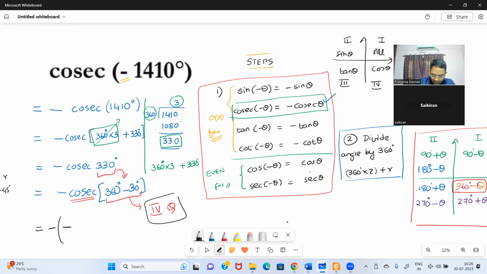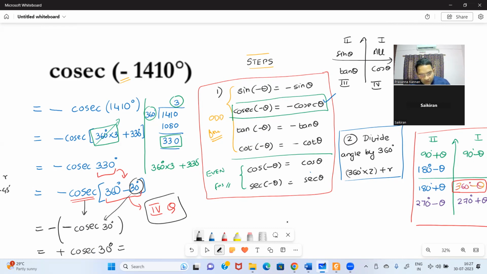Now, you will write this cosecant as it is. Then what is this angle? 30 degrees. That also you will write as it is. That is going to be your answer. So minus into minus is plus. So the answer is plus cosecant 30, correct?